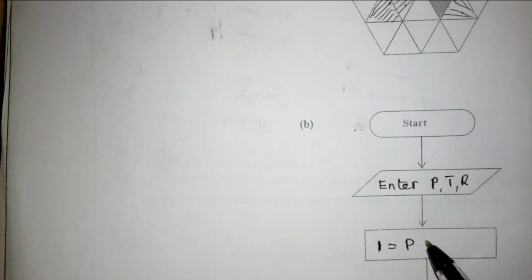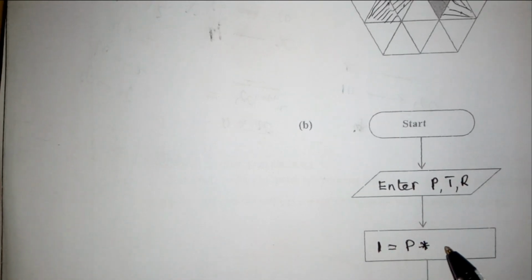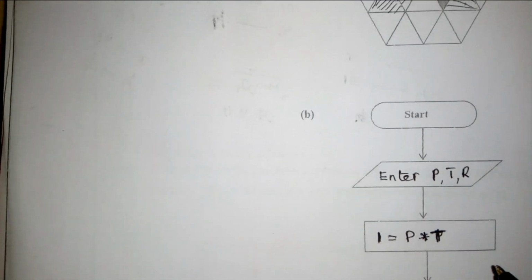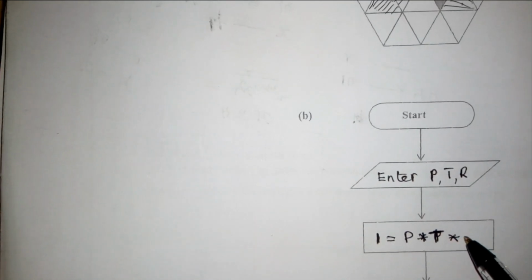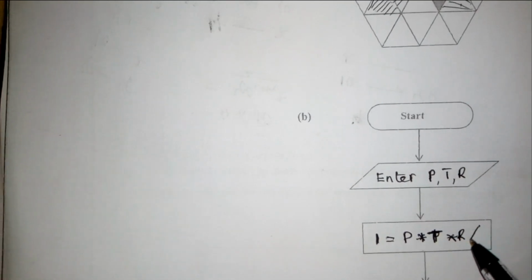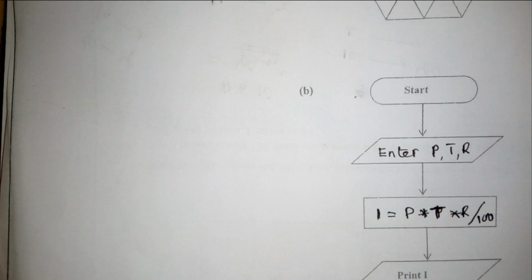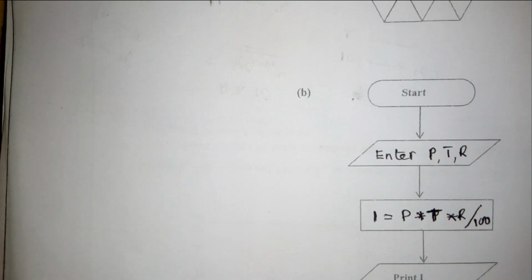P times, so times we write star T times R over everything over 100. So this is how we write, and this is the answer. We go to the next question.